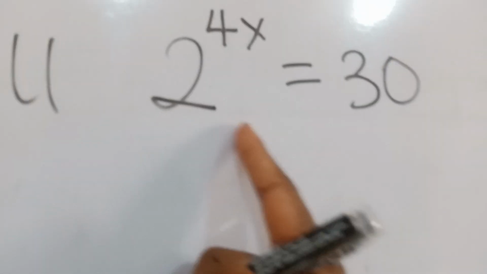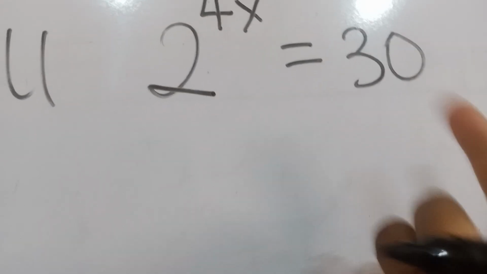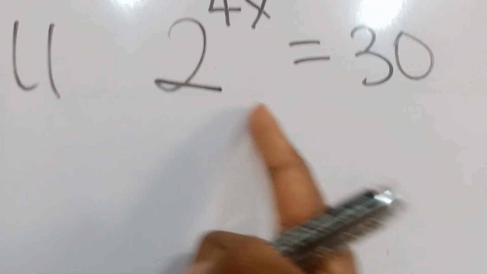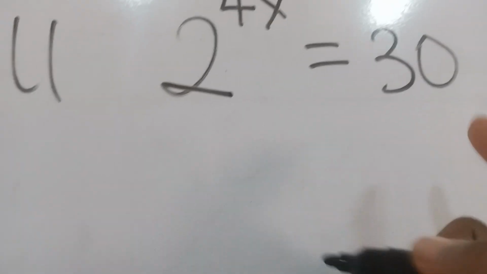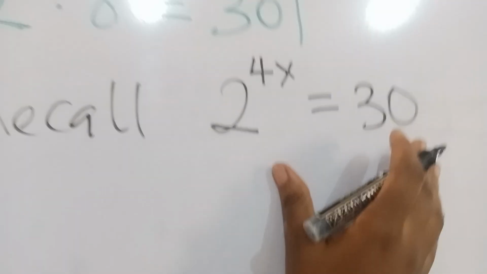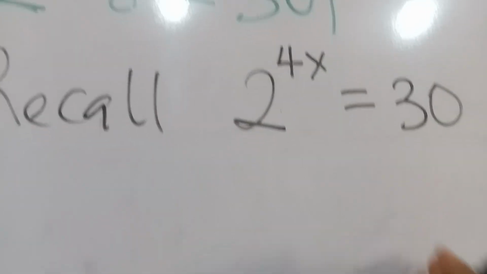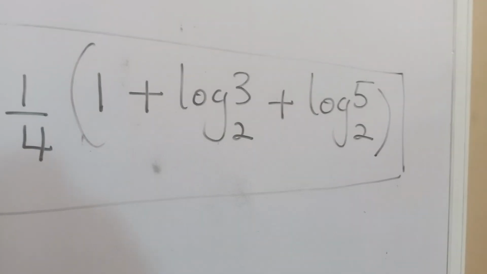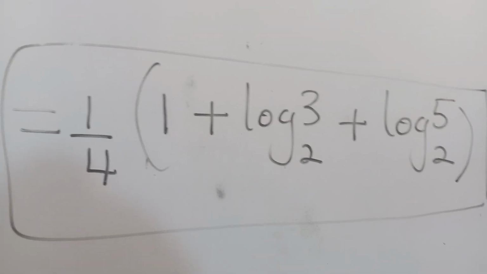If you missed this, please do well to go back to the video so that you can know how we got this. So from here, this is where we're going to start doing our check. Remember our value for x is this, so this is what we're going to be putting here.